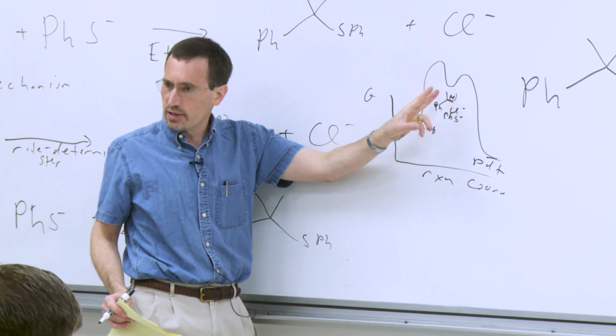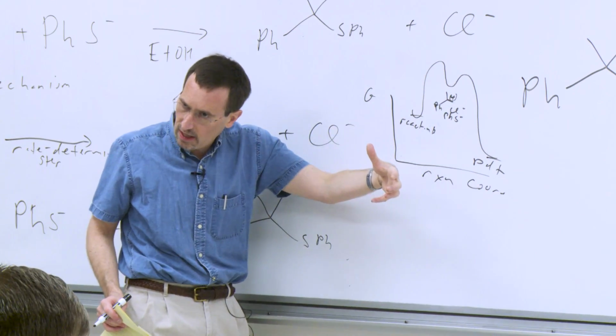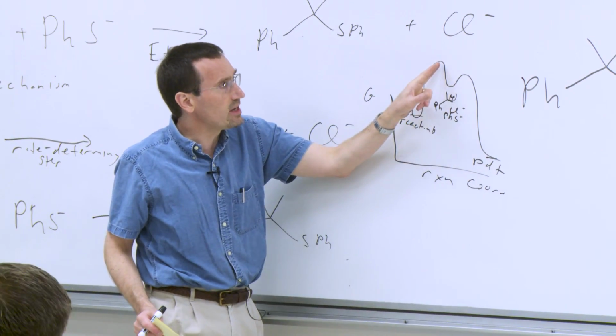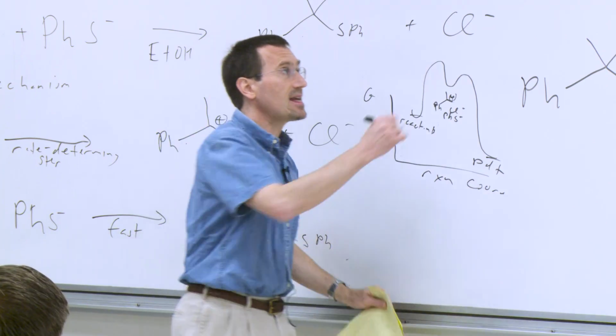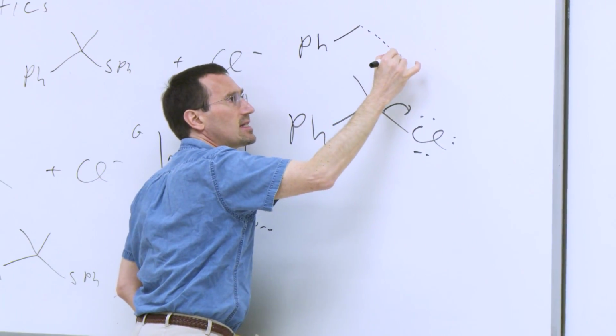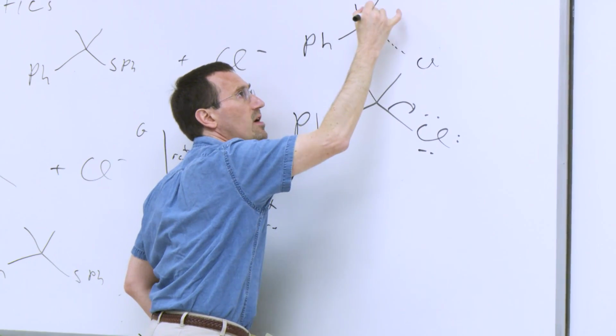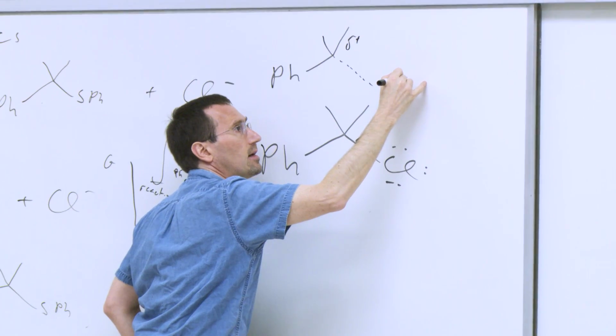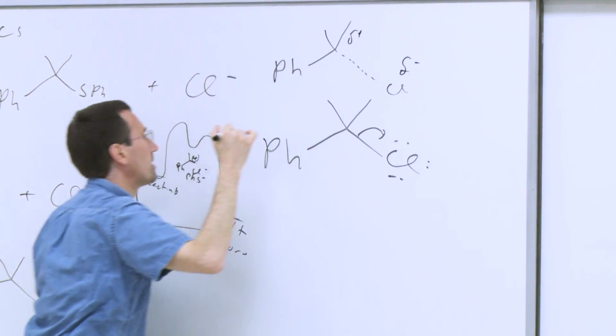Any conditions that stabilize the carbocation, or more specifically when it comes down to it, stabilize the transition state. And the transition state is a state in which we have partially broken the bond between the carbon and the chlorine.